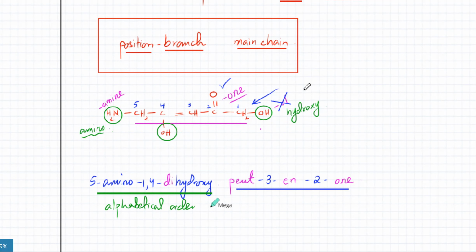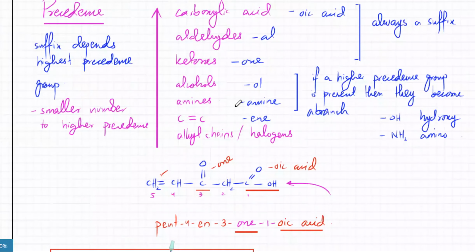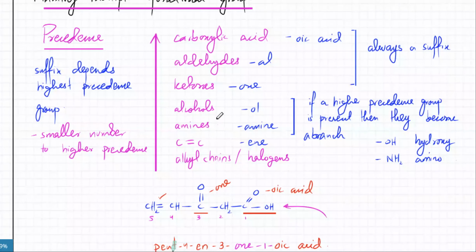Okay, I'm just going to repeat the whole thing very quickly. First, the point was that if you have an alcohol or an amine, and there is some group present that is more important, with a higher precedence compared to the other ones, then these would become branches. The main molecule is not going to be named after them.